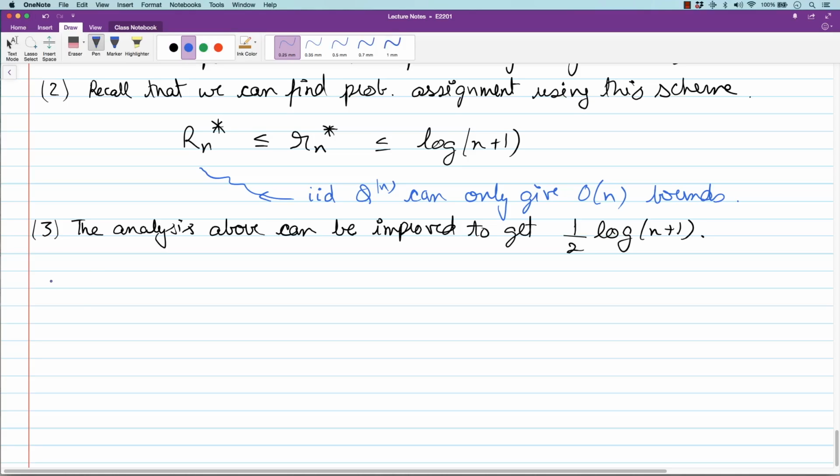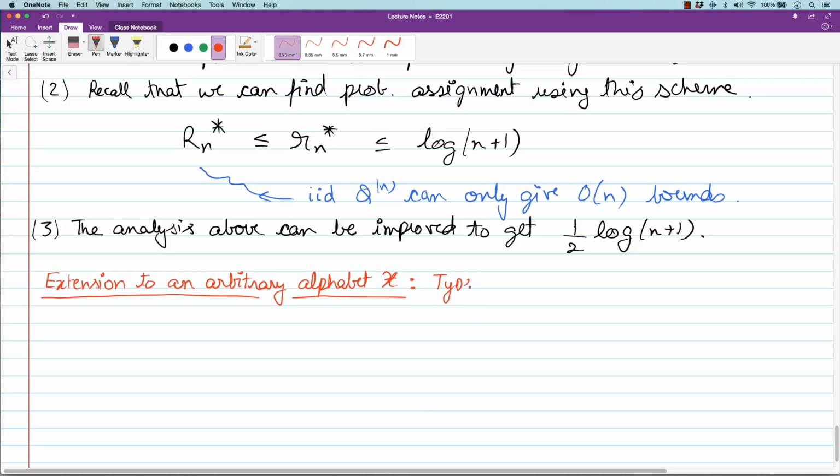So now we would like to extend this to an arbitrary alphabet of larger size. And for that we need this concept of types, just for account keeping.